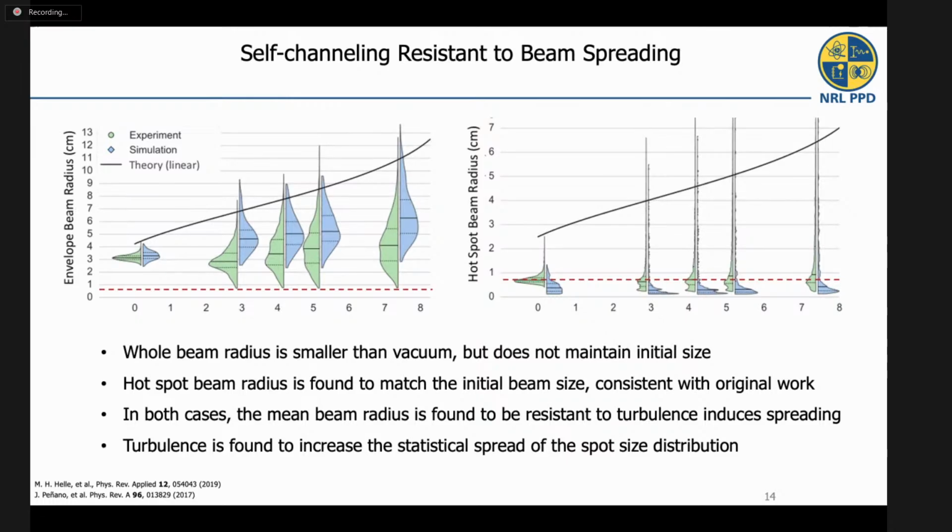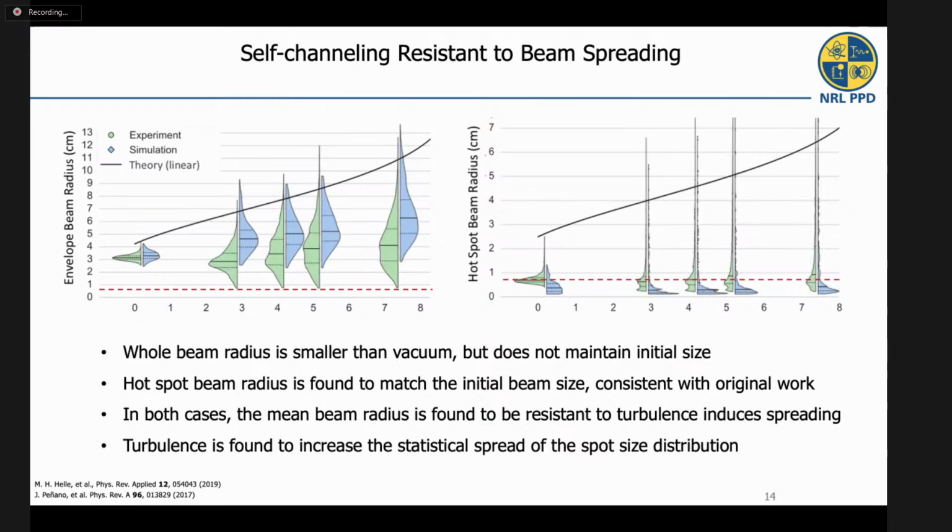So you can see in the plot in the top left, we've got a black line indicating the expected beam size, or this is a turbulence-induced beam spreading as a function of turbulence. So that's the black line. And then the plots below, those are violin plots that show the probability density of the short pulse beam. So the green is the experiments.